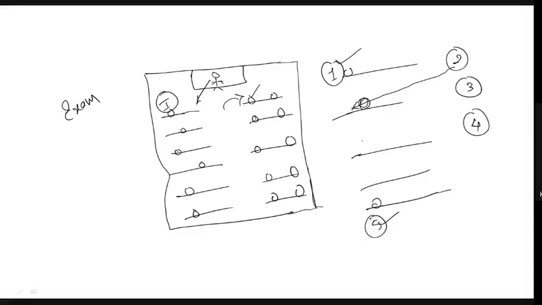Roll number 5 and roll number 1 will guide the roll number 2 to sit in a straight line. Similarly, the third person, roll number third, will come and roll number 1, 5, and 2 will guide him to sit in a straight line. Similarly, the fourth person will come and all of them will sit in a straight line.